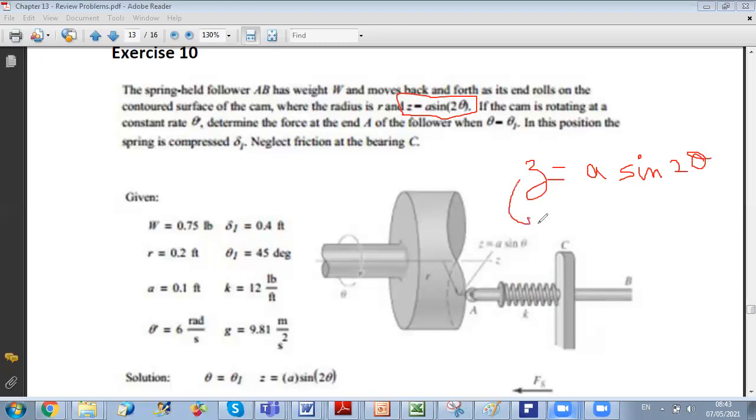The first time with respect to time, we get Z dot, which is the velocity along Z. So Z dot is equal to VZ is equal to A, which is a constant, and this is a function of theta. So in order to differentiate with respect to time, I should use the chain rule. The chain rule will give me A times the derivative of sine 2 theta, which is 2 cosine 2 theta.